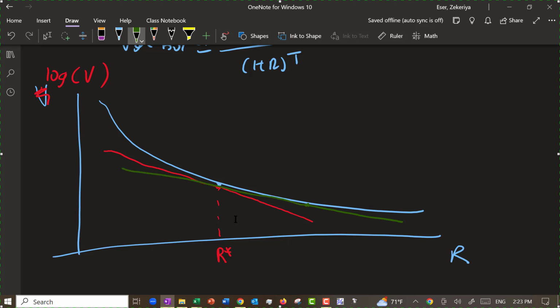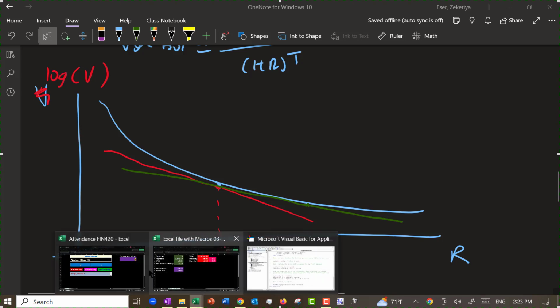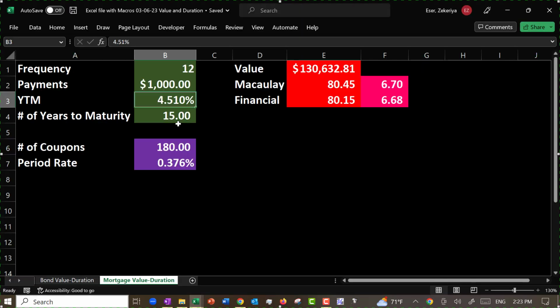Okay? And you can see that easily. If interest rates went up to 10, duration went down quite a bit. That means if you use short-term stuff to hedge the long-term exposure, as interest rate changes, that duration is not going to be enough to cover everything.